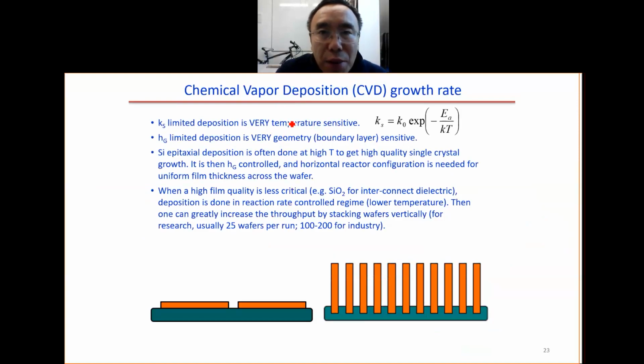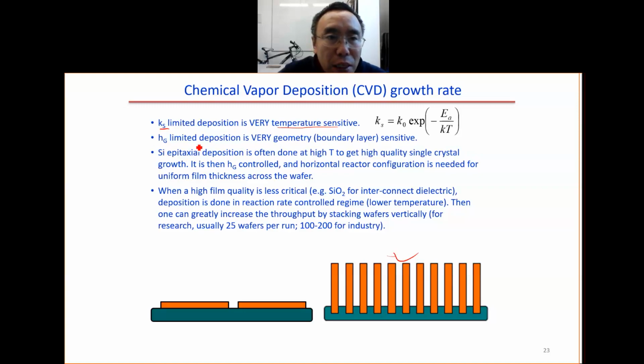Now here is a summary of the growth mechanism. If the deposition is limited by the chemical reaction, then it is very sensitive to the temperature, and we can have this configuration where we put many wafers facing each other. This gives you high throughput.